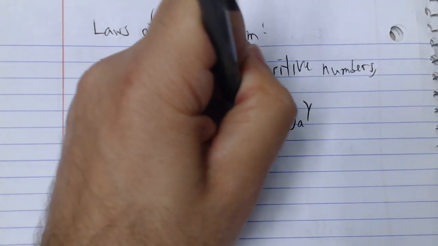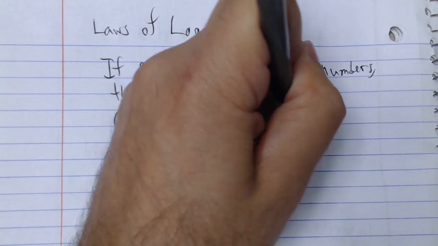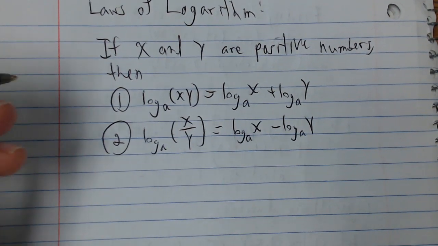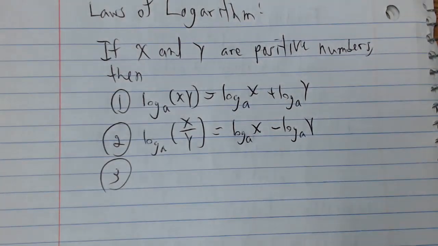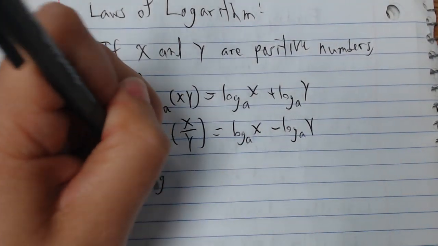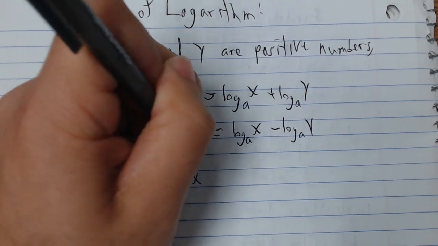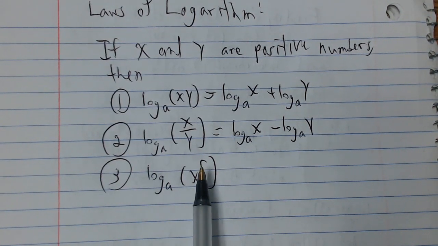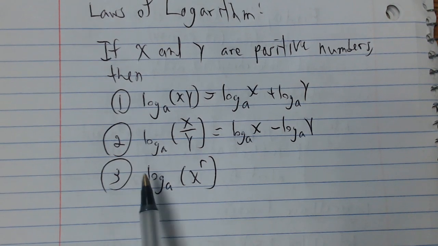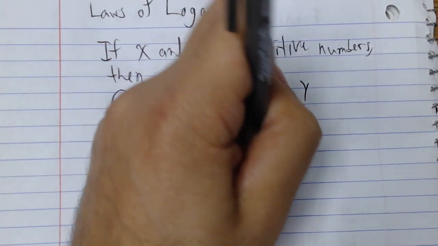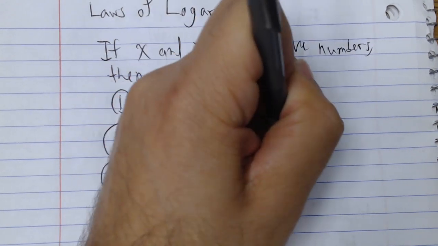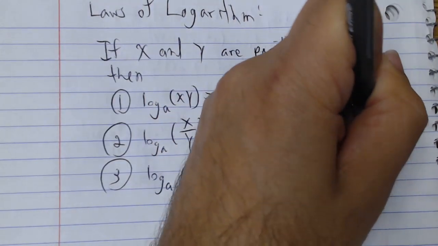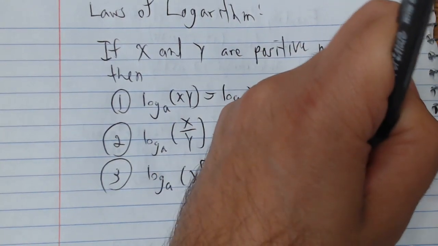So it would be log base a of x minus log base a of y. And then, of course, the third law that we're going to use is log base a of x to the power of r. If you remember, there's something we could do to this power, and that power we could bring out front, which becomes r times log base a of x, where r is any real number.